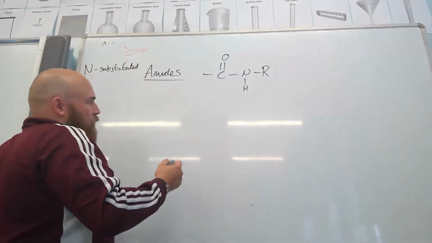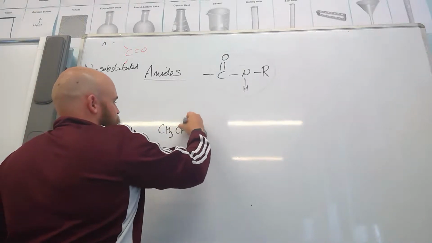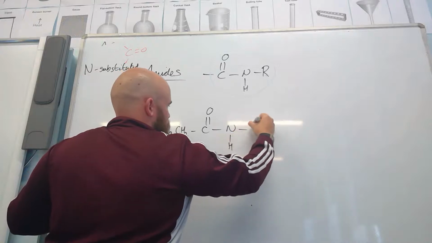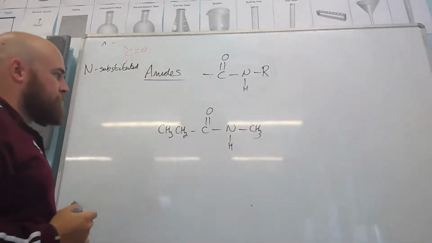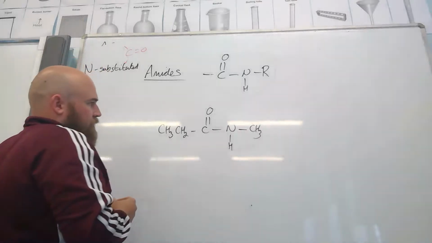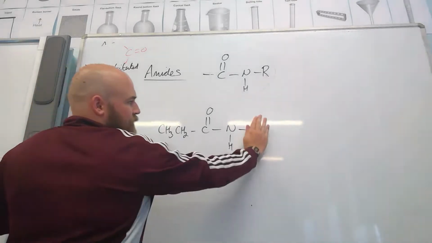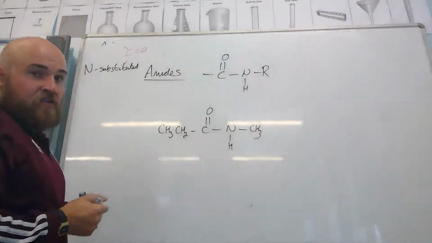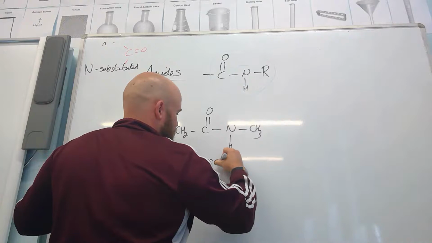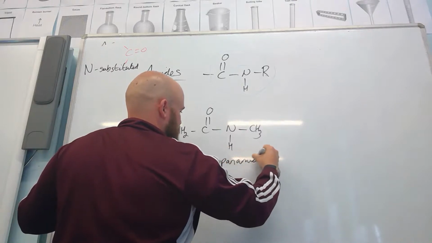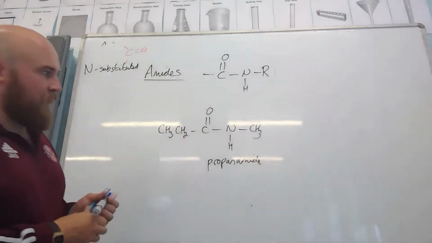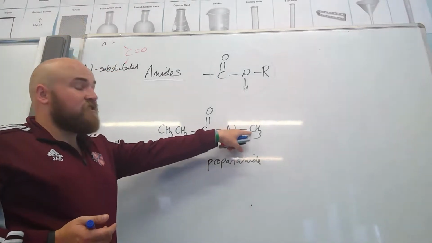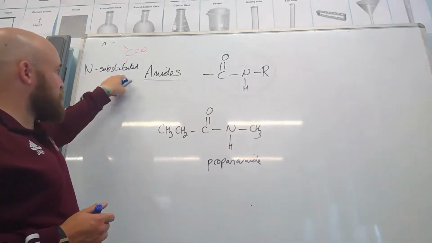So how do we name this thing? Let's draw one. Again, if that was a hydrogen, this methyl group here, it would be propanamide. So this is definitely a propanamide derivative, but it's not exactly propanamide because I've swapped something onto the nitrogen, which is why we call it an N-substituted amide.